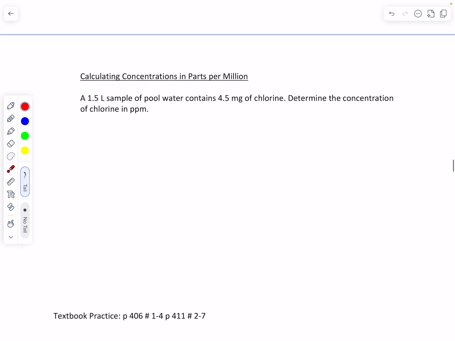Sample problem. A 1.5 liter sample of pool water contains 4.5 milligrams of chlorine. Determine the concentration of chlorine in parts per million. The concentration in parts per million is equal to the mass of the solute divided by the mass of the solution times 10 to the power of 6.